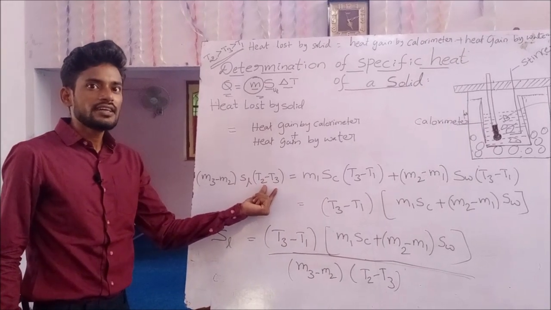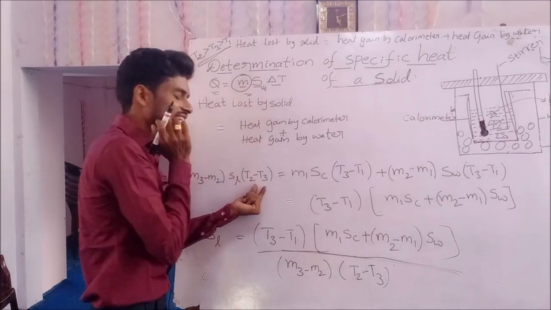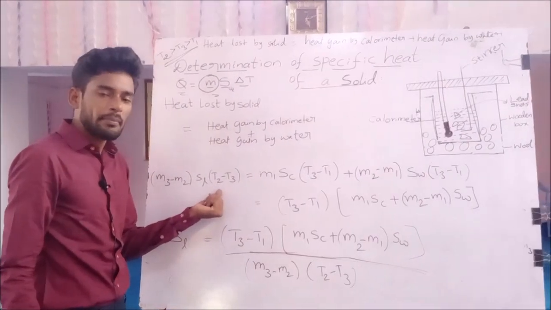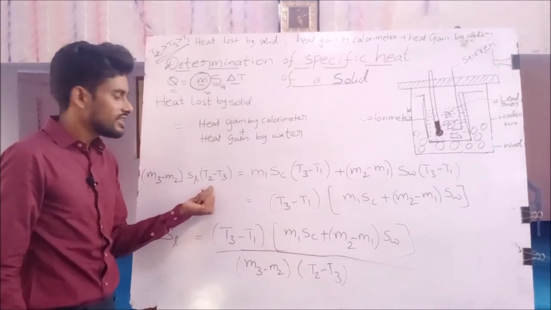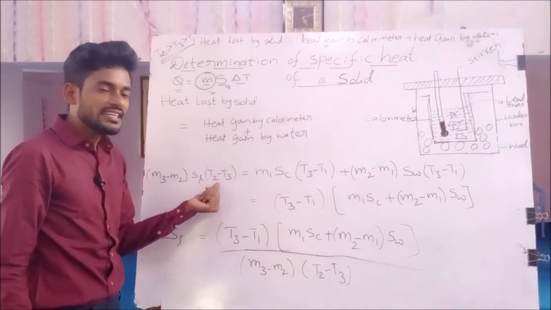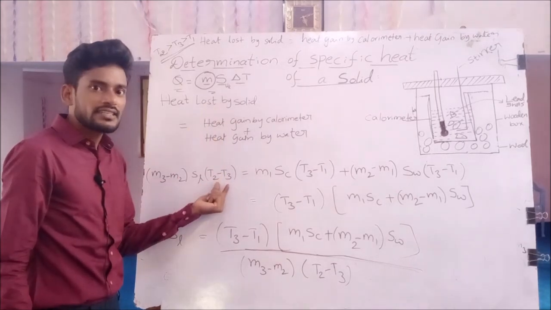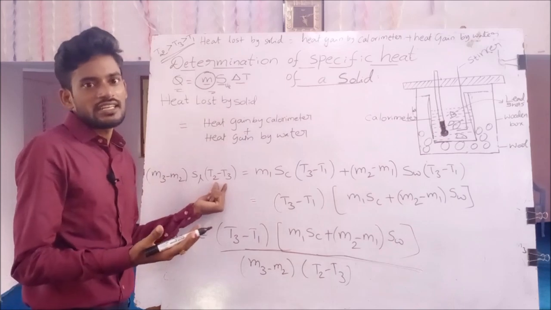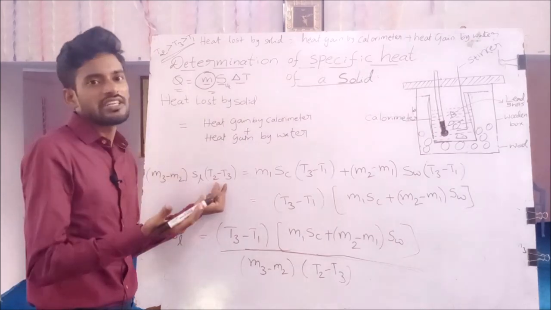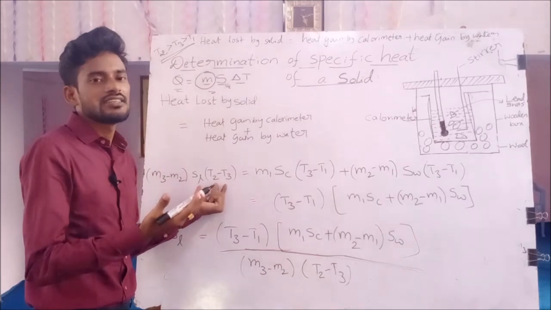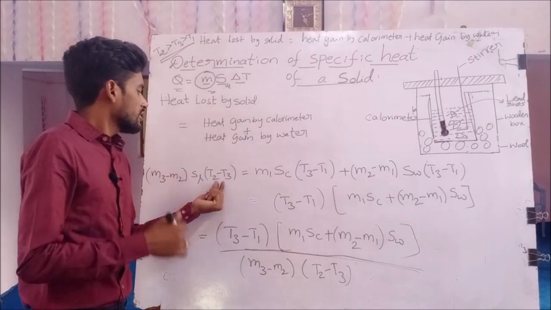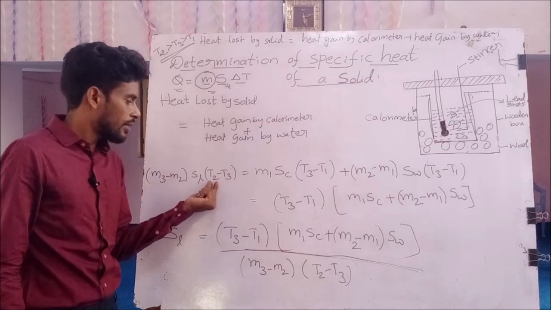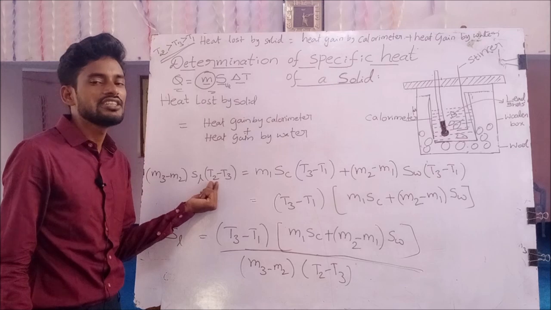And the temperature change: lead shots start at the highest temperature T2, so if you would like to know the temperature change, you have to subtract the mixture temperature from the highest temperature T2.